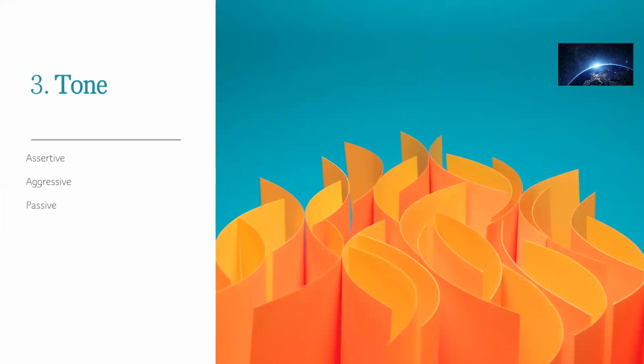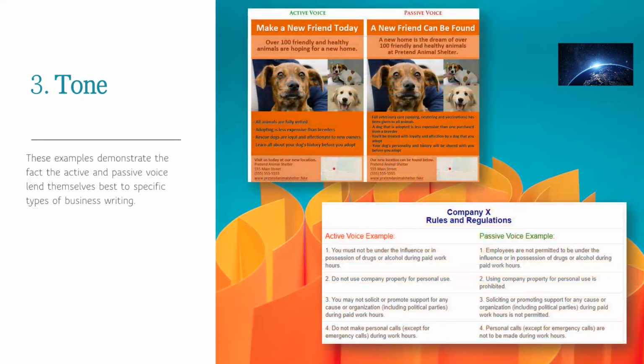For the purposes of this class, we're going to focus on 3 different types of tone, and they're all useful in different ways. Some are better than others, and some are better left used in small doses, if at all. Consider what tone means in a professional setting. You can apply active voice when trying to call attention to something, like the picture of the dogs here.